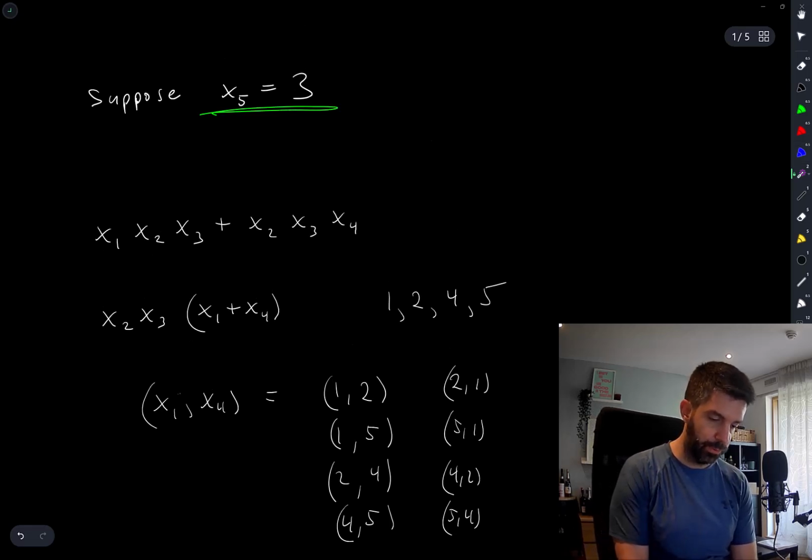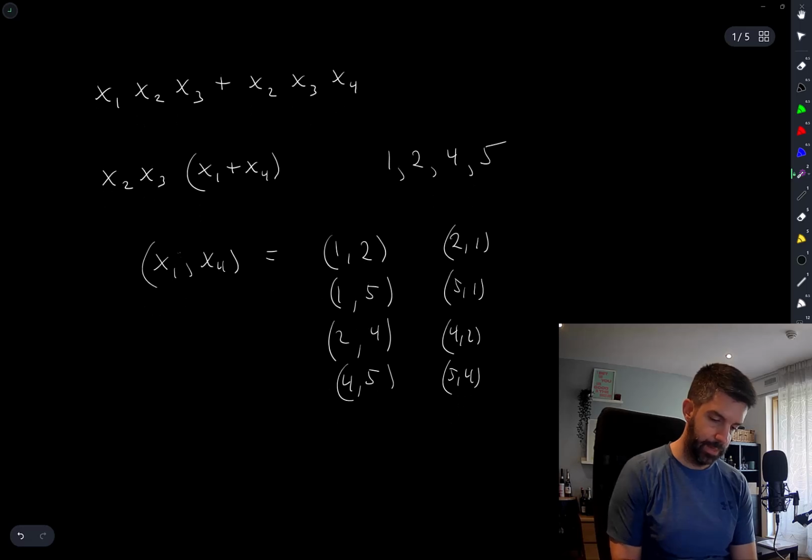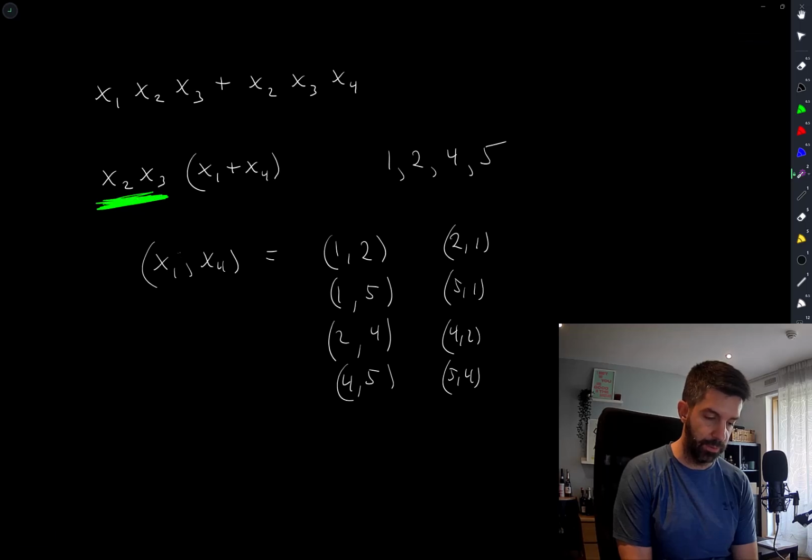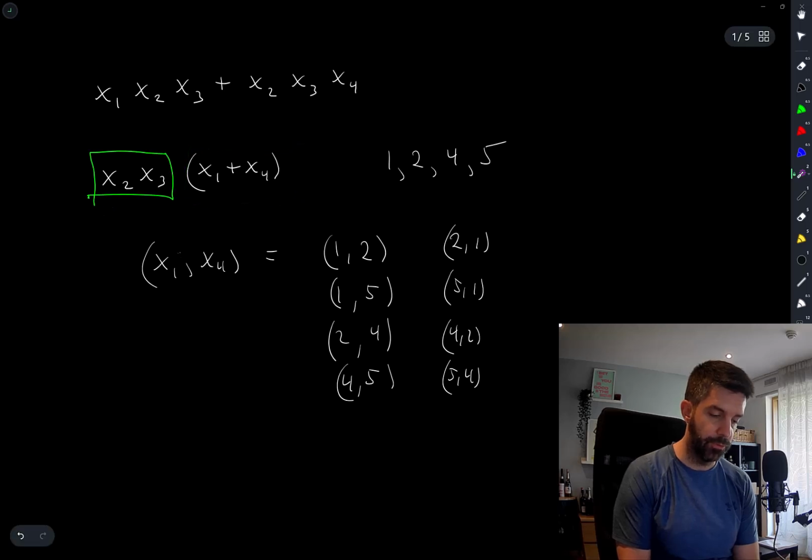Yeah, so if x5 is equal to 3, I count 8 ways. Oh, but I also have to keep in mind that these can be flipped around. There are 8 permutations of these two things that can work. And for each one of them, there's 2 assignments of x2 and x3.